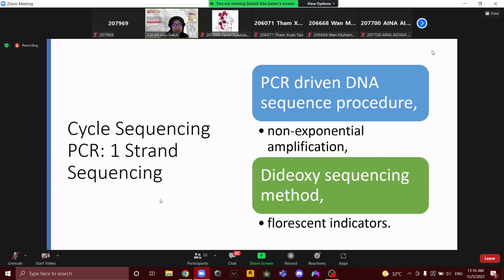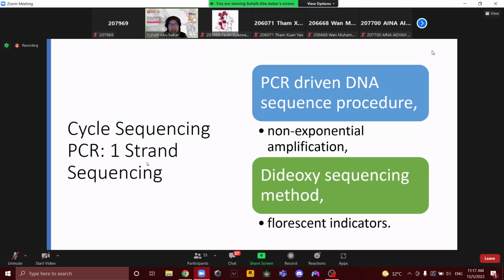Okay. Remember the previous slide of the application? In the sequencing, there is a PCR as well. First PCR, we amplify more. The second PCR is the sequencing one. So that means you have to have a standard PCR first. And then after that, the second PCR is used only for first strand sequencing.